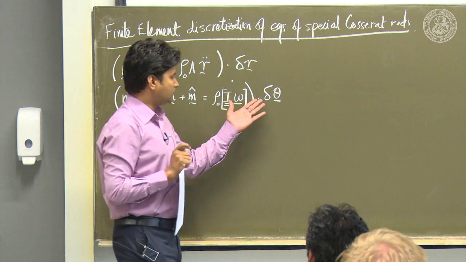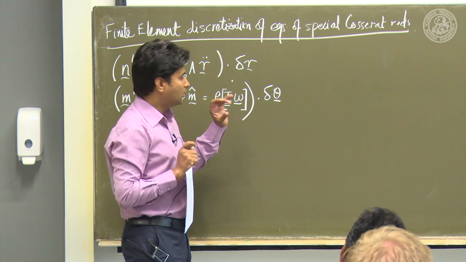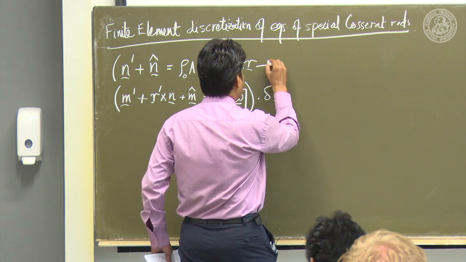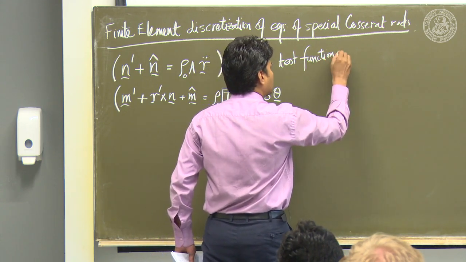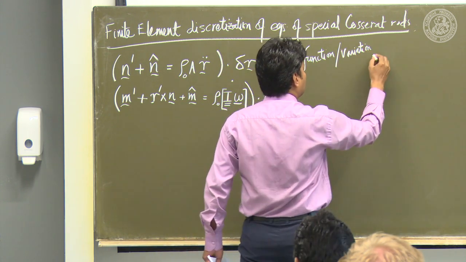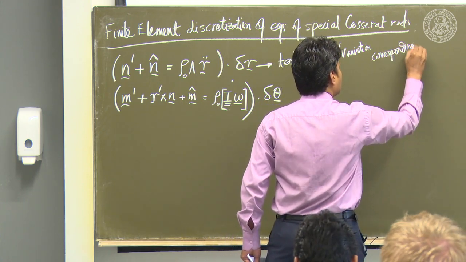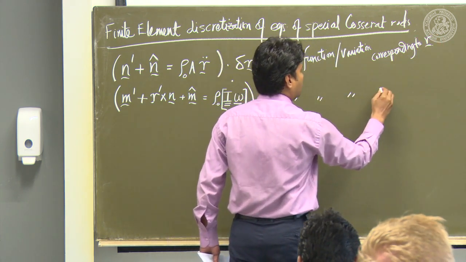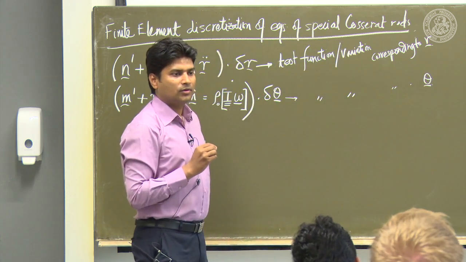And again, this is the test function or variation corresponding to change in the variable theta. So, that is the test function slash variation corresponding to little r, and this is the same thing, but corresponding to theta.